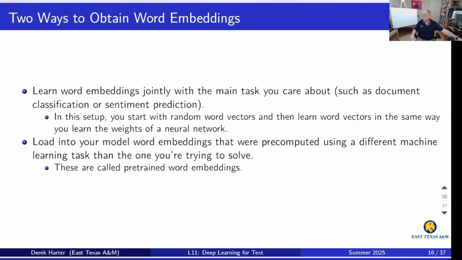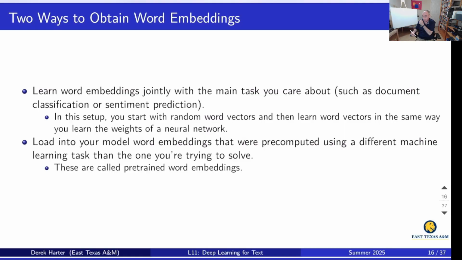Or you can use basically the same idea of using pre-trained models. People have created these word embeddings on huge text corpuses, and sometimes it can be useful to reuse the word embeddings they've come up with, exactly the same way that we reuse the convolutional hierarchy of features that were learned by convolutional neural networks.